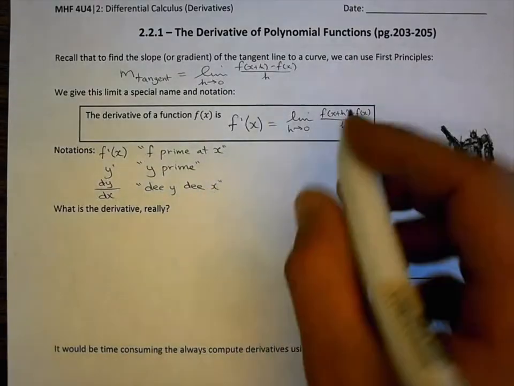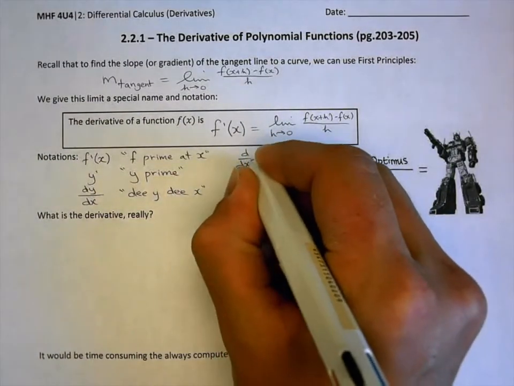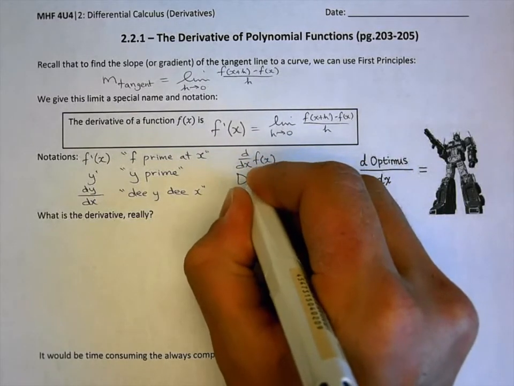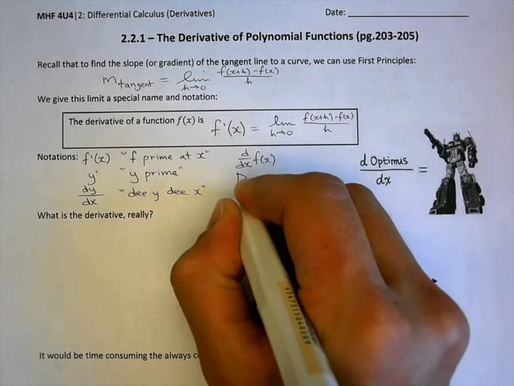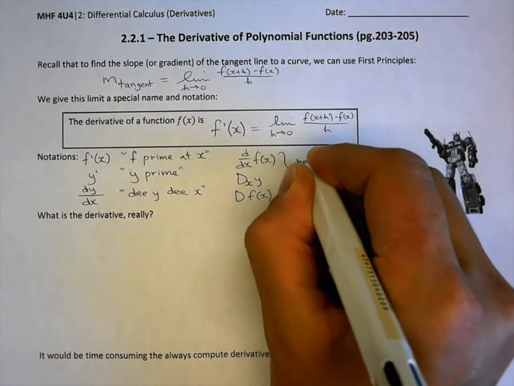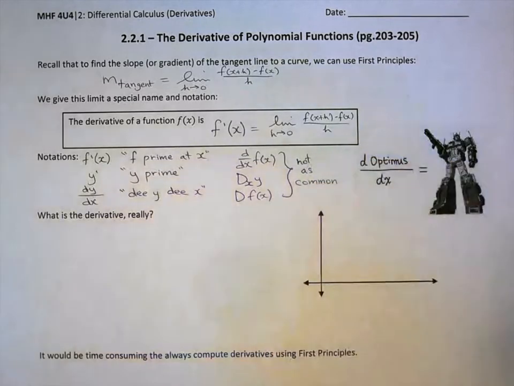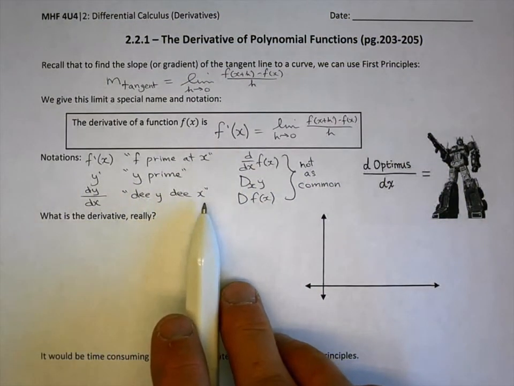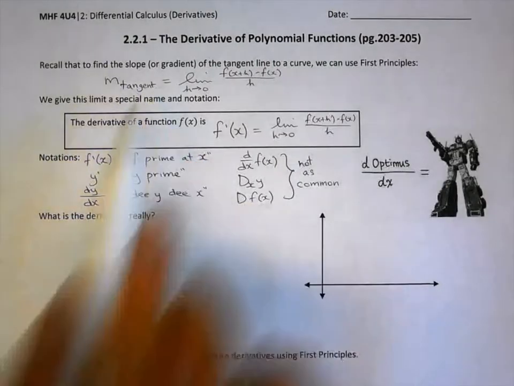We also have a few other ones that aren't as common: d dx of f at x, big D x of y, and d f at x. But those are not as common. These are all ways of writing the derivative. And what is the derivative again? It's a nice name that means slope of the tangent.